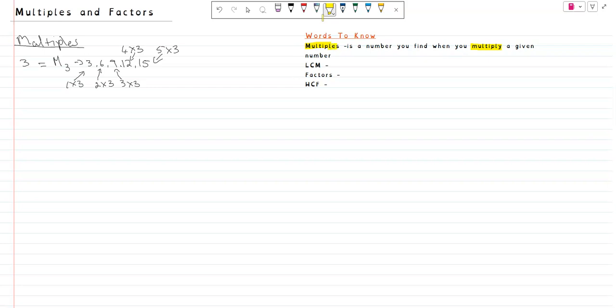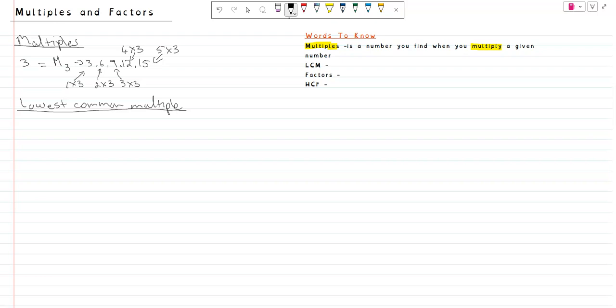Okay, so let's look at lowest common multiple. What is a lowest common multiple? Let's look at the words: lowest common multiple. It has multiple in it, which means it is a multiple of a number.